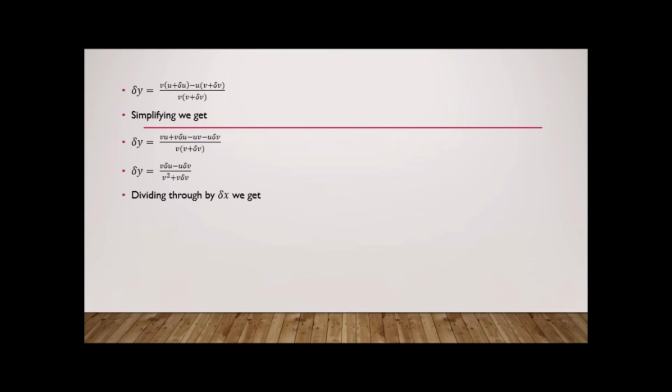Then dividing through by δx, we obtain δy over δx is equal to (v δu minus u δv) over δx, into what was in the denominator. So pulling the δx to the upper part, we get (v δu/δx minus u δv/δx) over the brackets, and the one down remains the same.